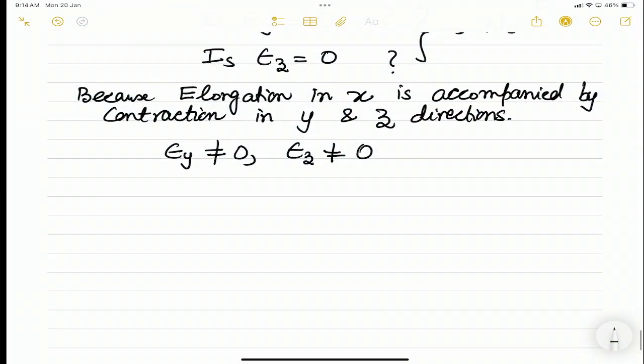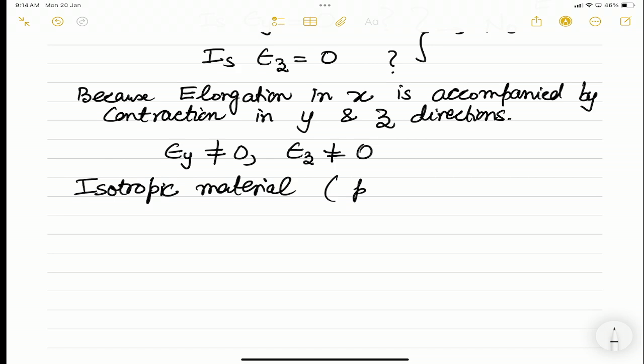So, let us first define isotropic material. It is the one where properties do not depend on direction.